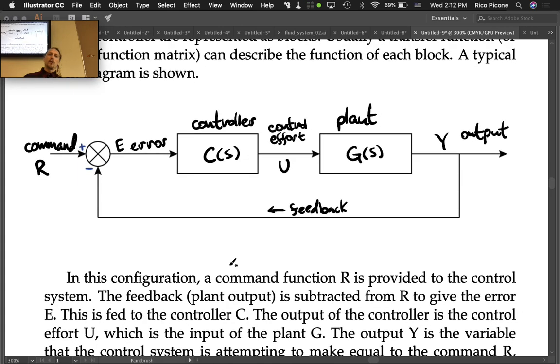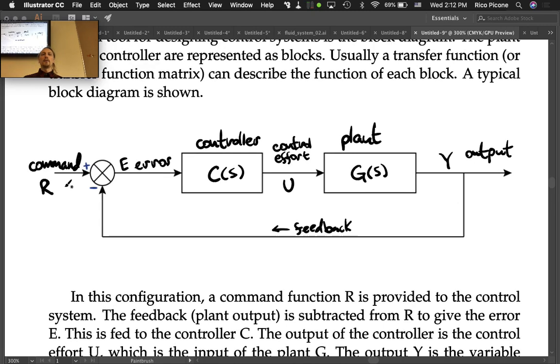Specifically, we want to make the output Y equal to the command R, and we have different performance criteria. Obviously, there are questions of time, like how much time do I have to go from some non-zero error to a 0 error? Does the error really need to be 0? Can it just be small? There are other similar questions that we're going to explore in the coming sections.